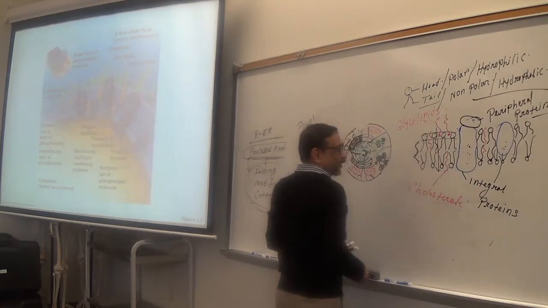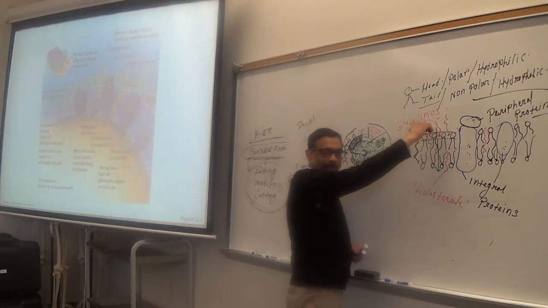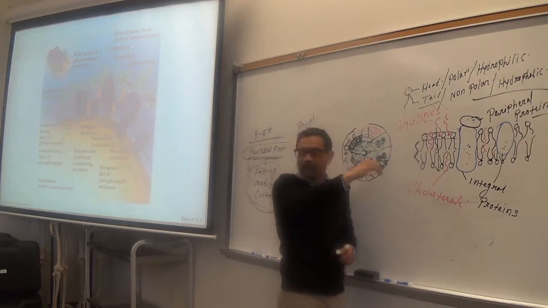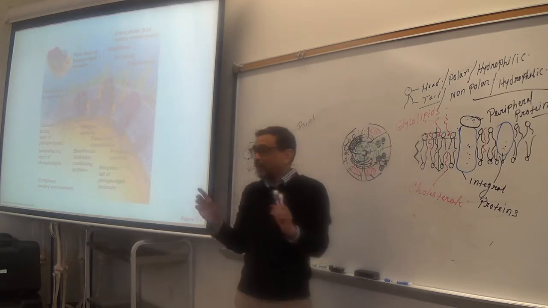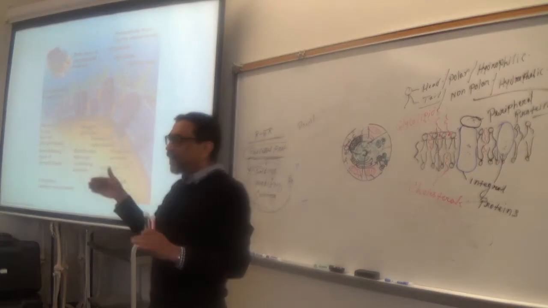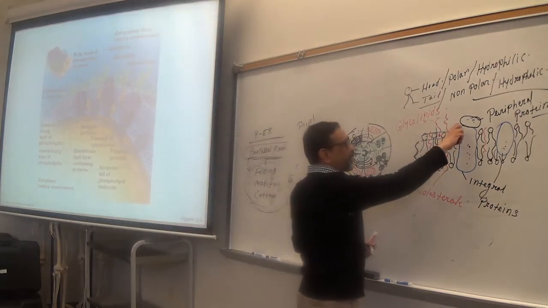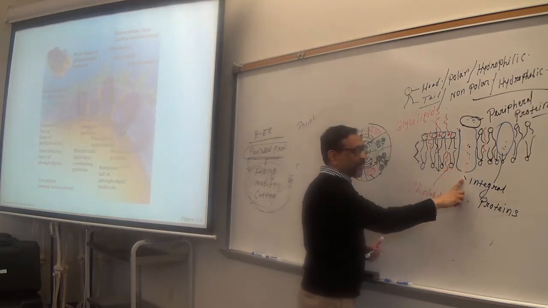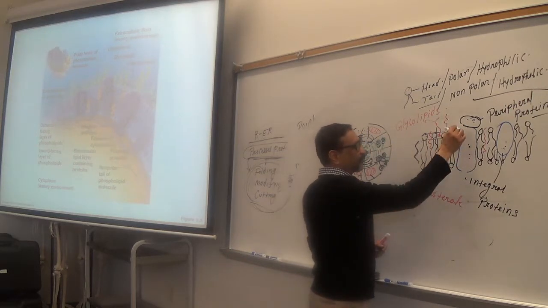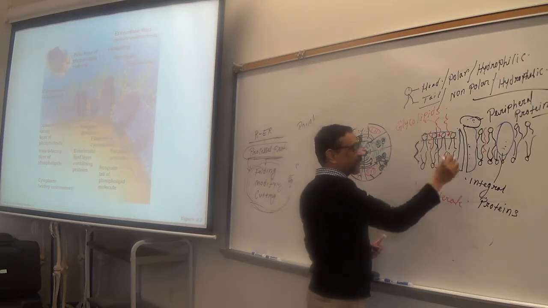Now you said me that this phospholipid bilayer doesn't allow water pass through it, right? Then how the water is a very important chemical that must enter into the cell, right? Yes. So how water molecules will enter into the cell? You see, through some integral proteins, you have channels. Not all, some integral proteins have channels.